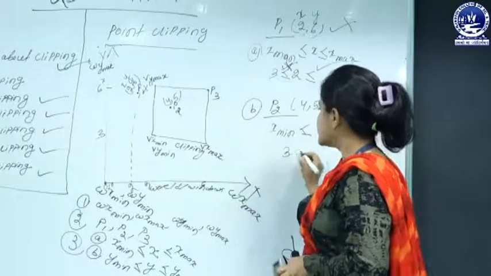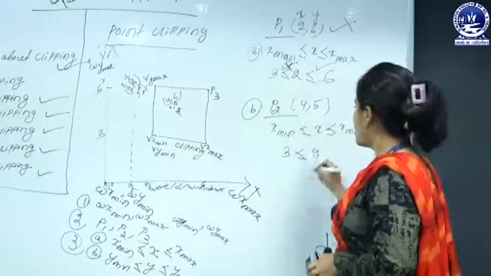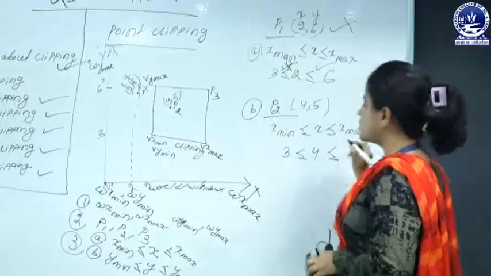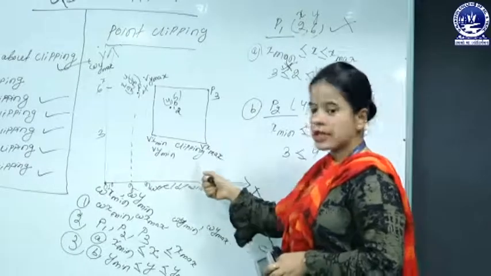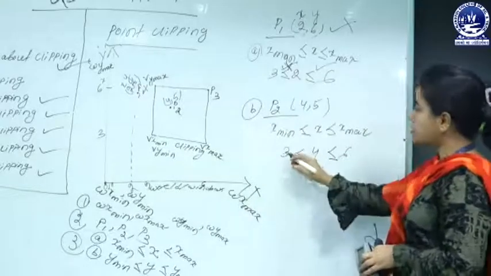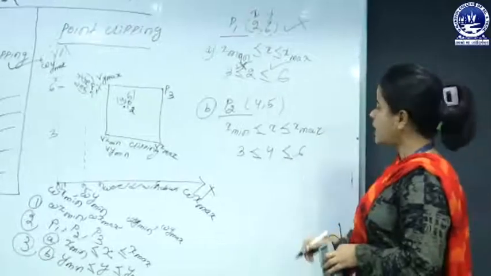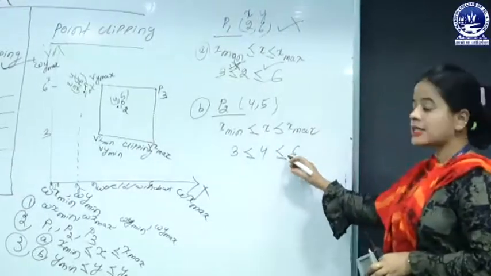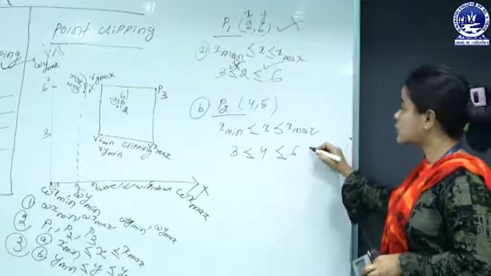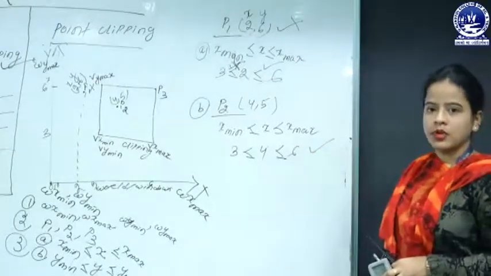So 3 is less than or equal to x, here the x coordinate 4. Then is less than or equal to x maximum. Here the x maximum value ends with 6. That means here we check 3 is less than or equal to 4, that condition is true. Then again we have to check 4 is less than or equal to 6, yes, that condition is true. That means the x coordinate lies inside the region of the clipping window.